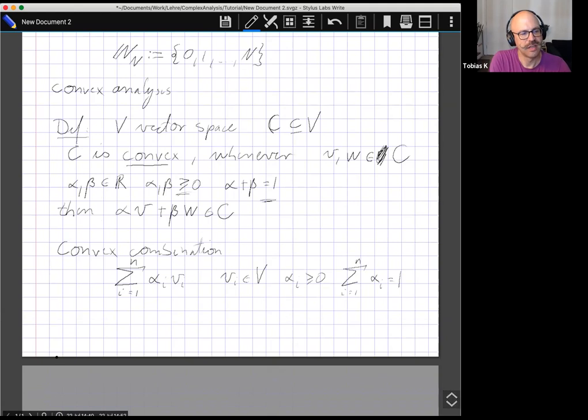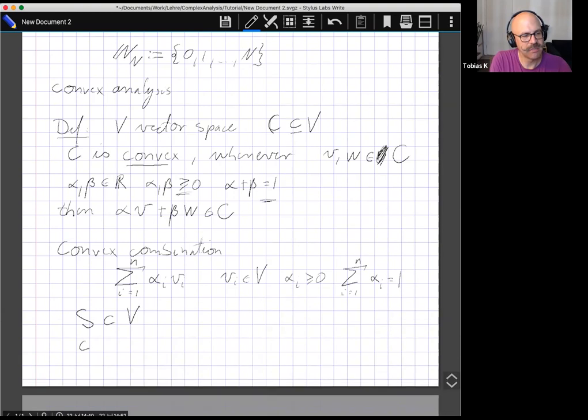And then you have the analog of a linear span, the convex hull. Now you can look at the minimal convex space spanned by a set of vectors. Let S be a subset of V. Then the minimal convex space spanned by S is defined as everything which I can write as a convex combination.